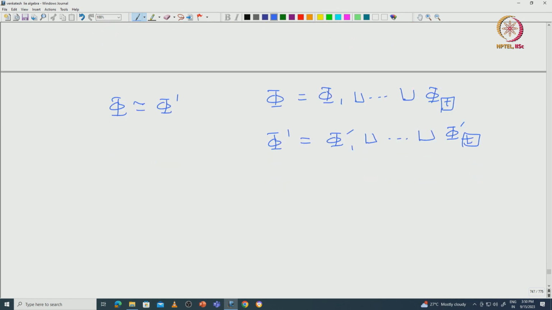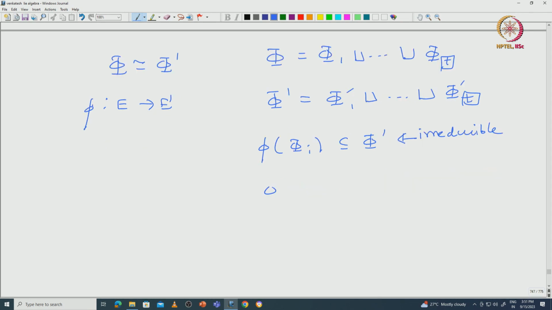And not only that, if this is isomorphic, let us say by pi, that is the isomorphism on the Euclidean space which induces an isomorphism on the root systems, then you can see that pi of phi_i, as a subroot system inside phi dash, will be irreducible, and in particular it has to be equal to one of these phi_j dash. So this pi induces an isomorphism between the irreducible components of phi and the irreducible components of phi dash, and since the number of components is the same, it just permutes them.